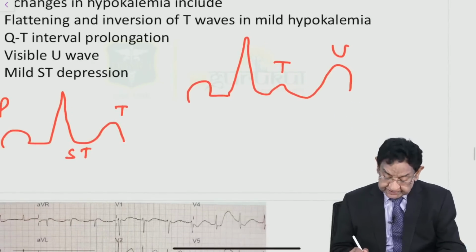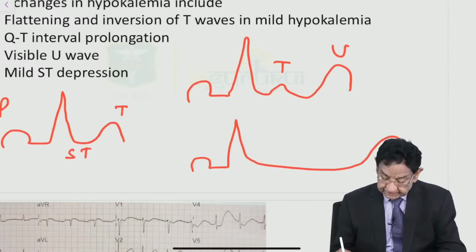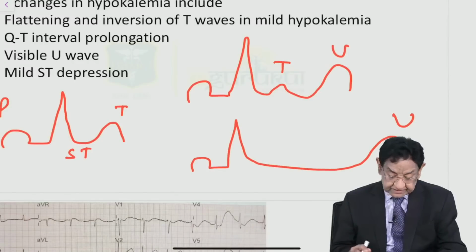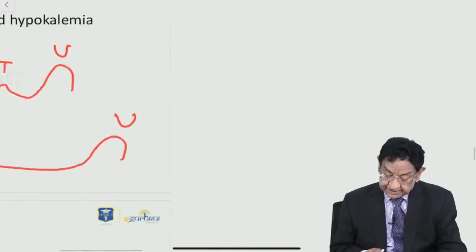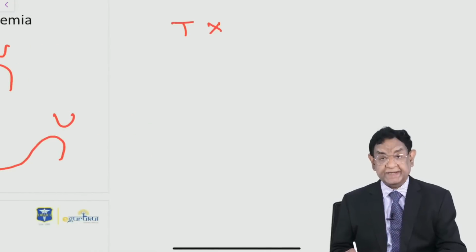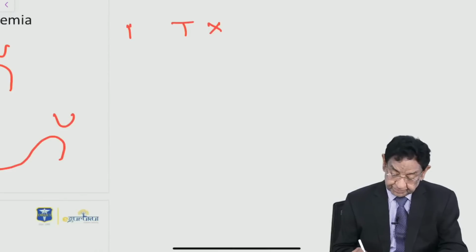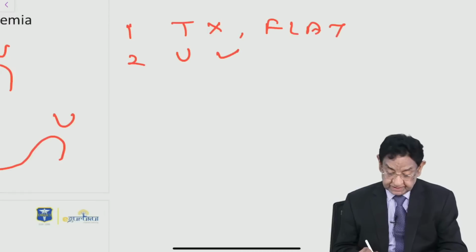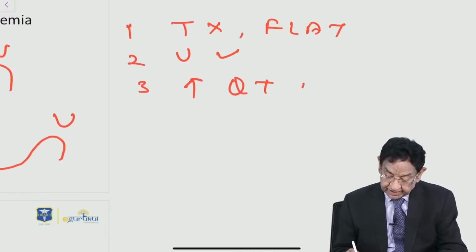In the advanced stages, the T disappears or may become flat, the U wave appears, and there is a prolonged QT interval.